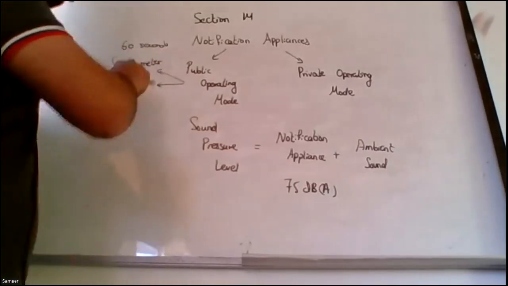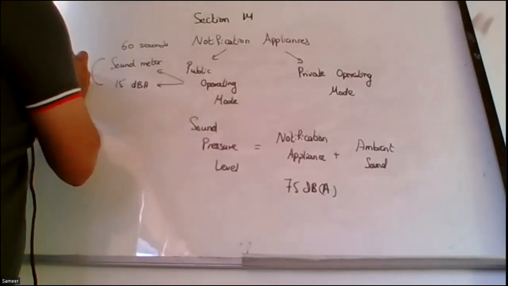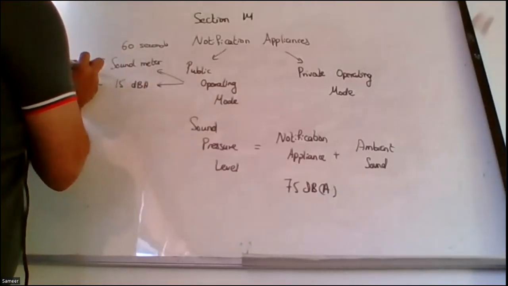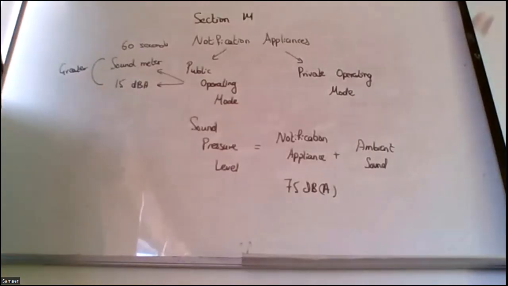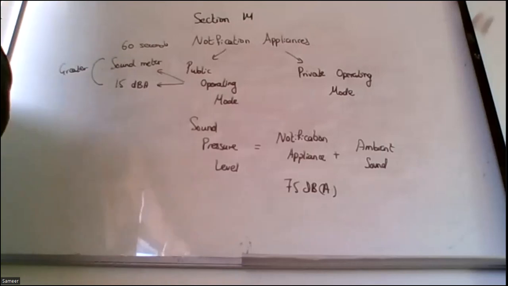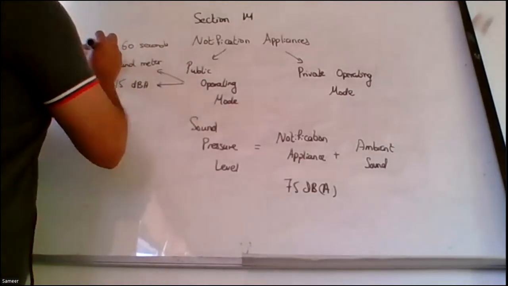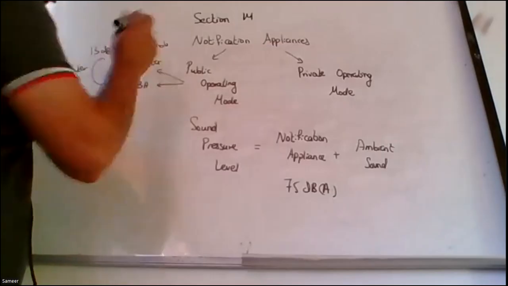I will calculate both, and whichever has the greater value, I will use it. Let's say a generator is running and the sound meter shows 13 dBA at the point where I am standing.